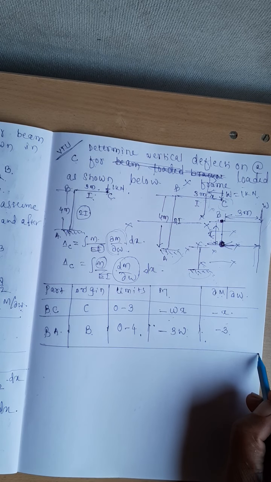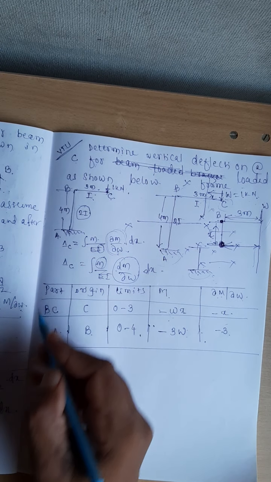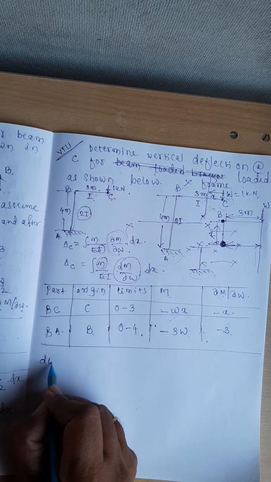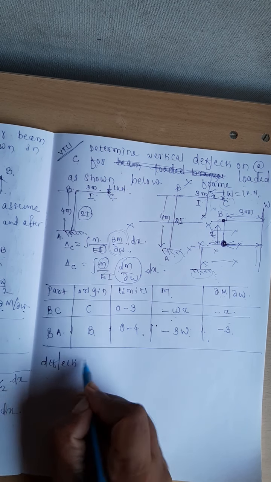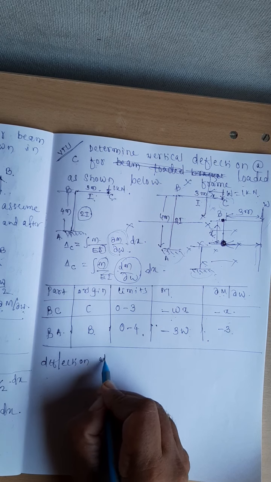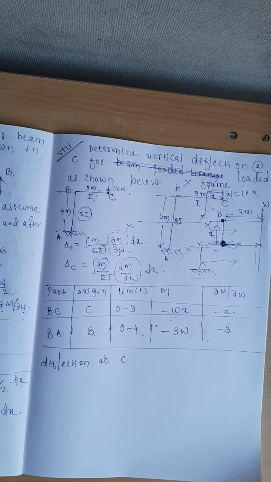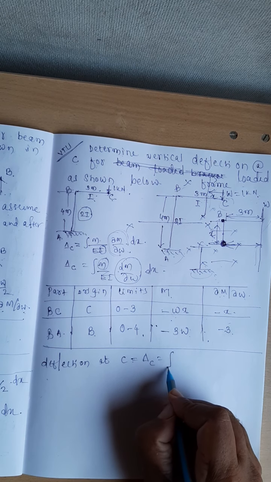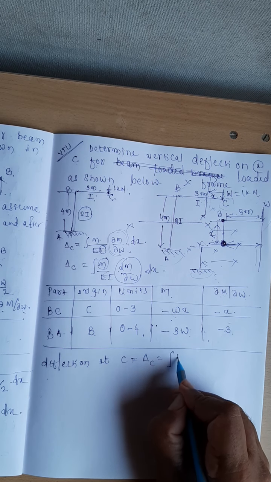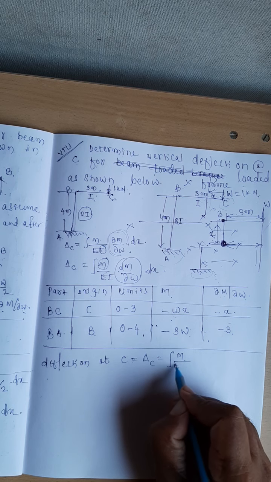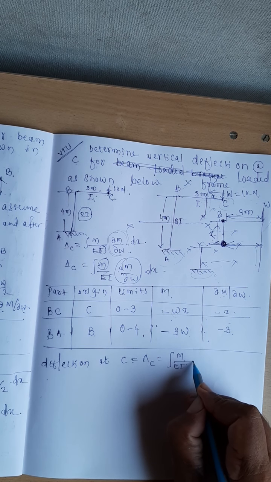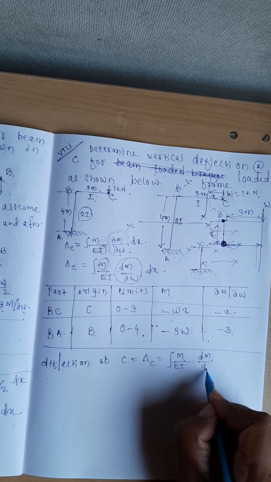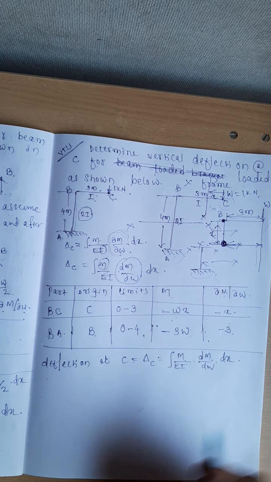Yes. Now you write the equation for the deflection. Deflection at C is given by delta C is equal to integral M over EI into dM by dW into dx.